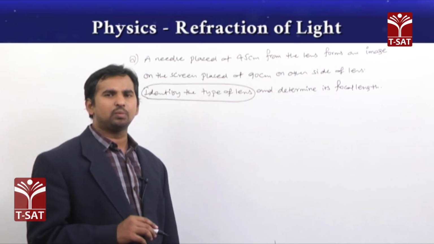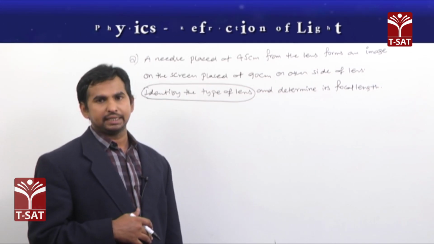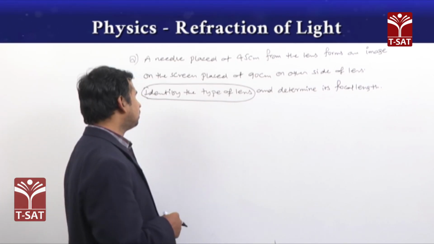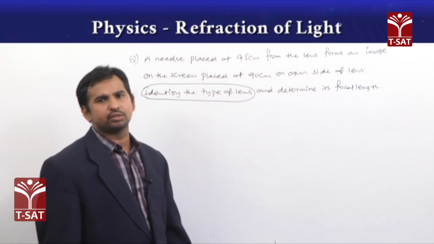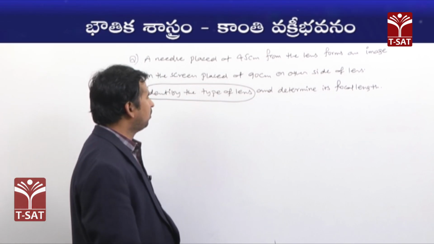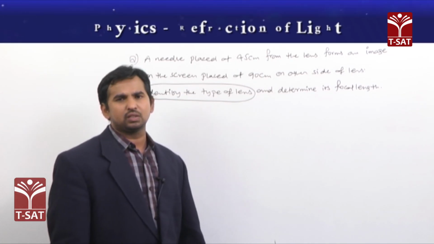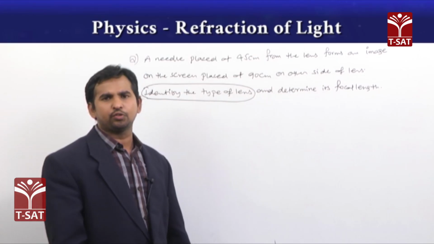If the image is formed on the other side of the lens, it is always considered a real image. Real images are formed only by the convex lens. Concave lens image characteristics we already know: they always form a diminished, virtual and erect image, which means those images are formed before the lens only.